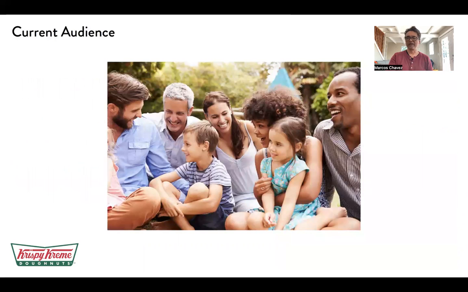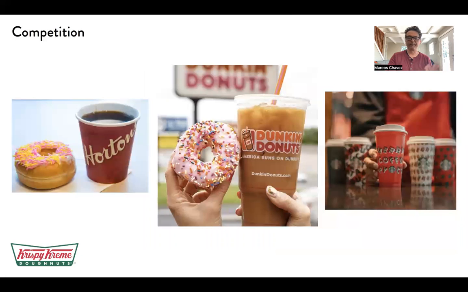And the current audience showcases the idea that it is various ages and different diverse ethnic groups of people. Lots of people love donuts, and Krispy Kreme is just really well known for being almost maybe hard to find sometimes, but really good.